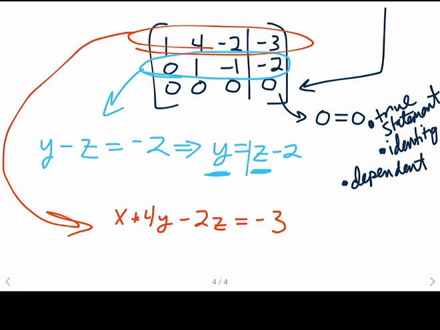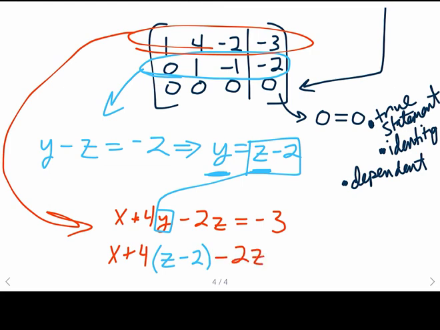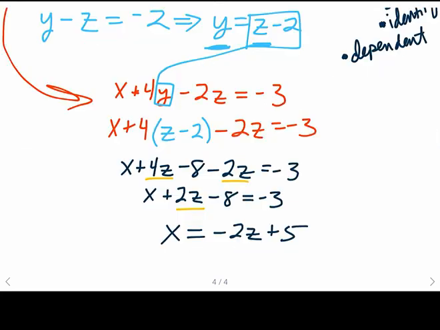So I'm going to take this expression we have for y and substitute it in place of y in the equation we just wrote down. And so we have x plus 4 times the expression for y, which is z minus 2, minus 2z is equal to negative 3. I want you to go ahead and solve this equation for x. Pause the video and do that.